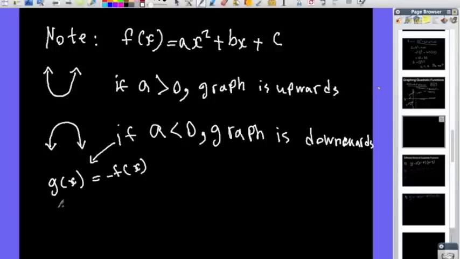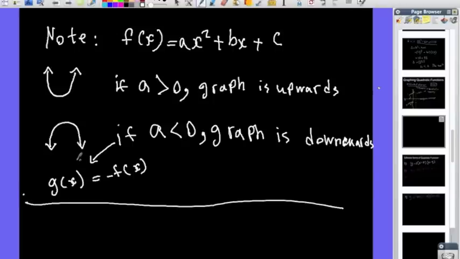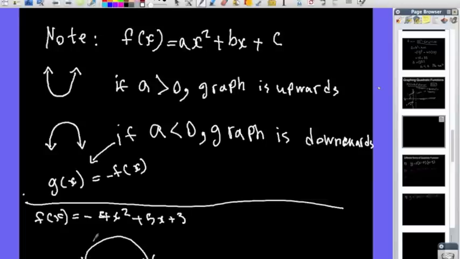Okay, let's look at some examples right here. I'm going to write it very small. If f of x equals negative 4x squared plus 5x plus 3, this would be downwards, because a right here is negative.